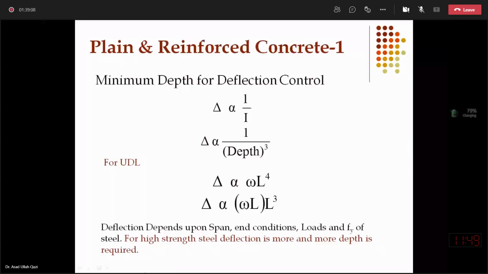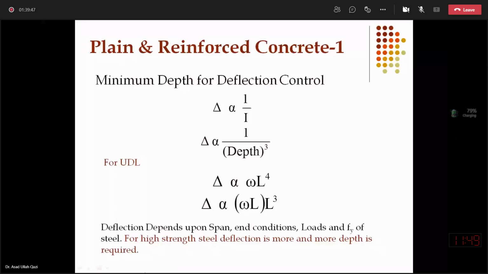In homogeneous elastic cross sections you have the simple equation which you use to calculate the deflections. Now we are talking about reinforced concrete beams, in which there is a composite of concrete and steel. In reinforced concrete beams, Fy of the steel will also affect your deflection magnitude. For high strength steel, deflection is more and more depth is required.